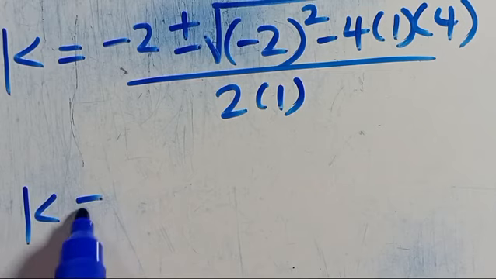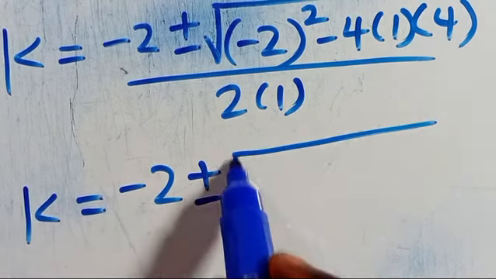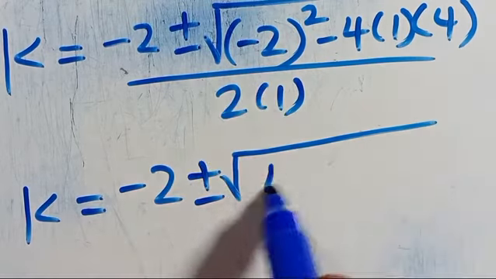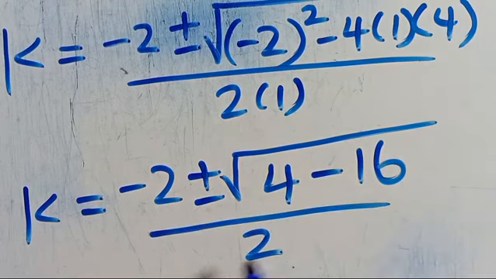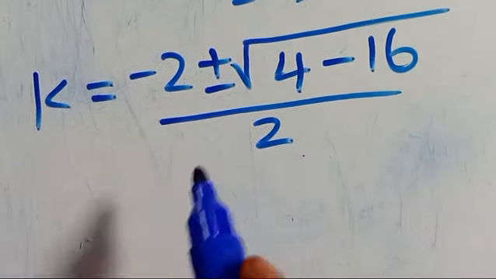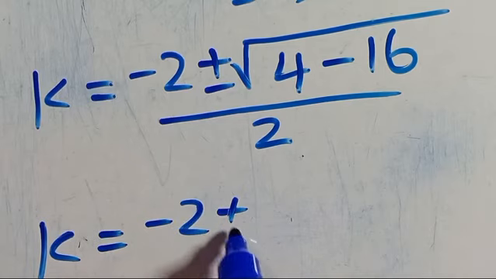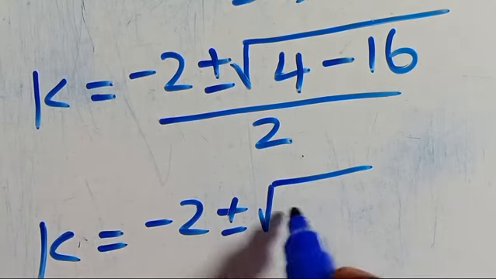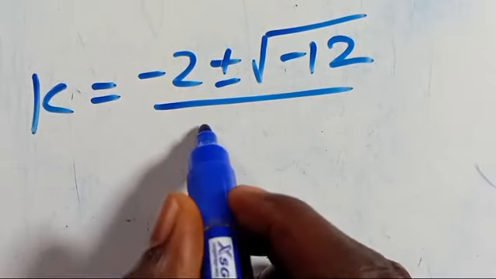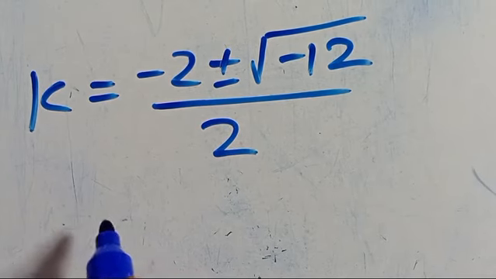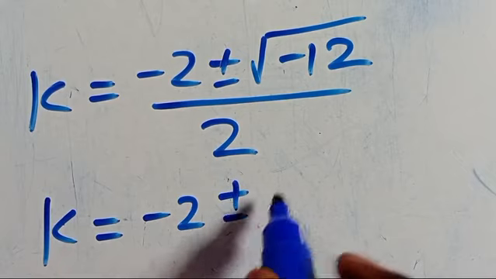We have k equals minus 2, positive or negative, root of this, which will give us 4 minus 16, divided by 2. Minus 2, positive or negative, root of minus 12 divided by 2.